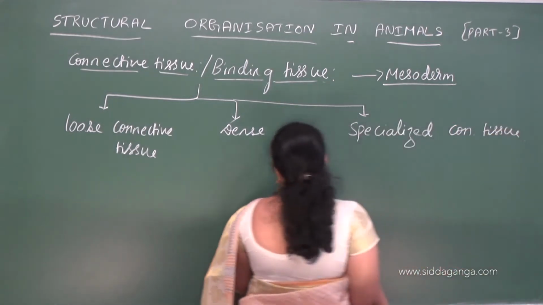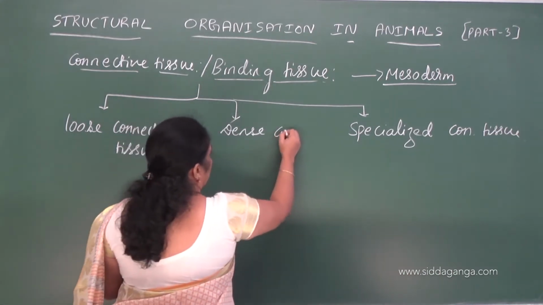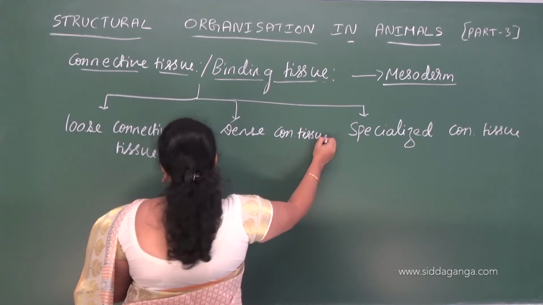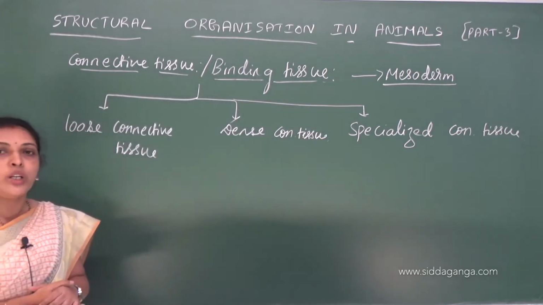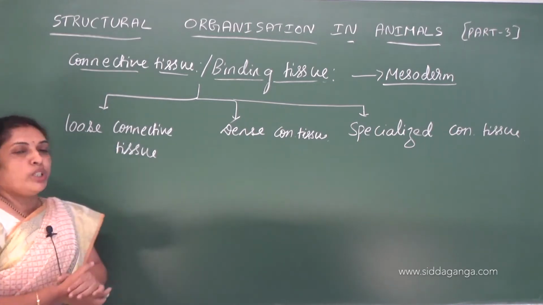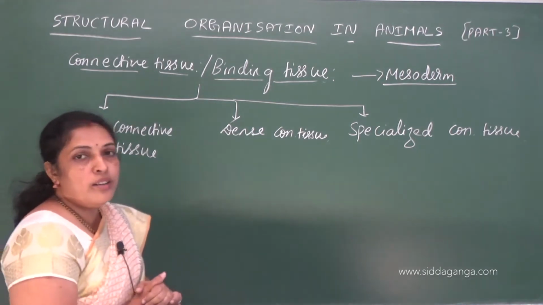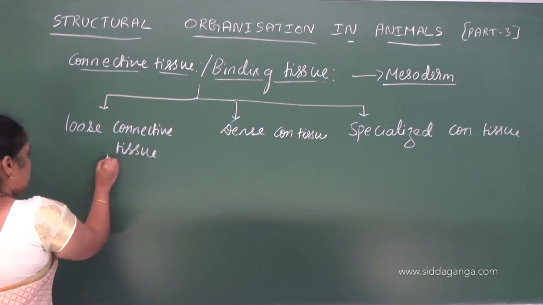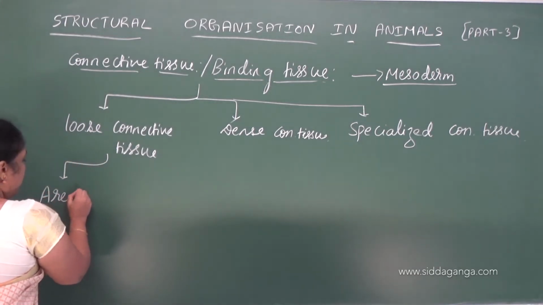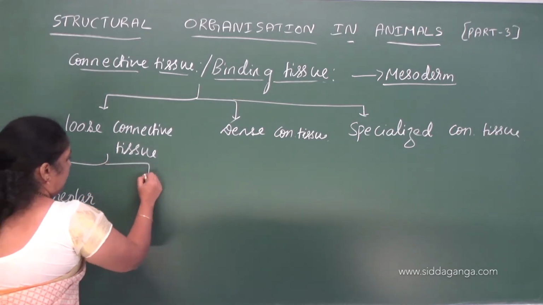Understood? So this connective tissue is divided into loose connective tissue, dense connective tissue and specialized connective tissue. Under loose connective tissue, we have areolar tissue and adipose tissue.